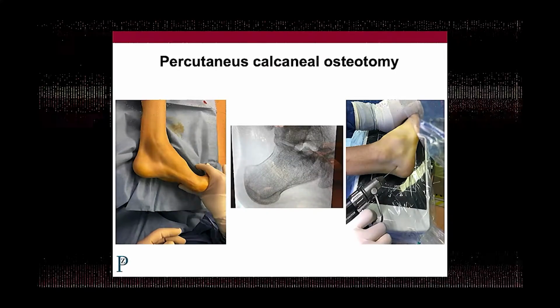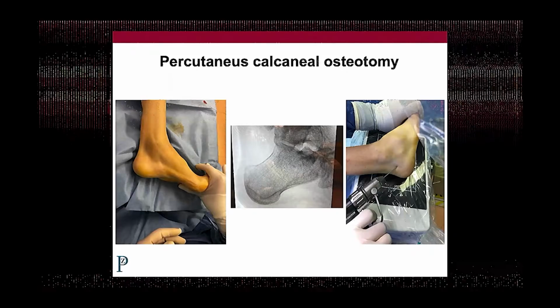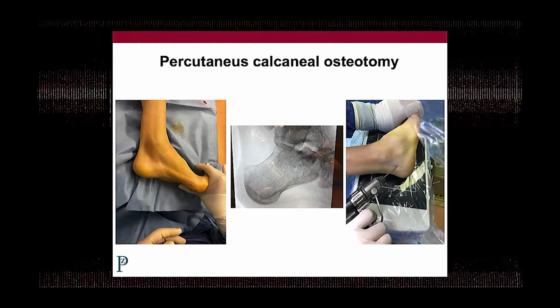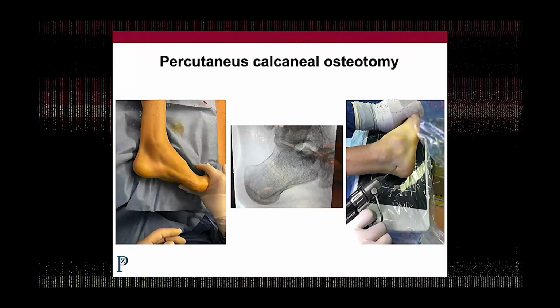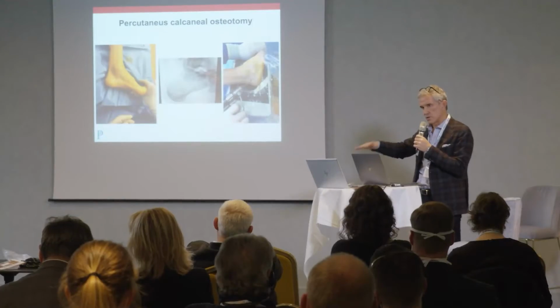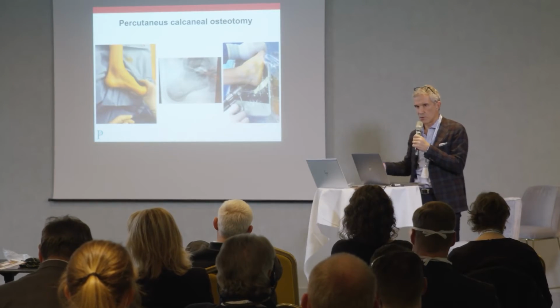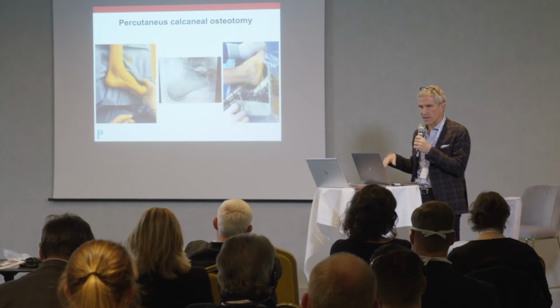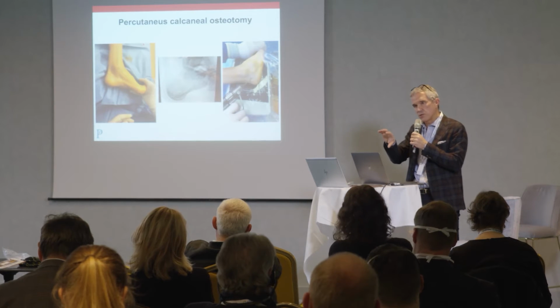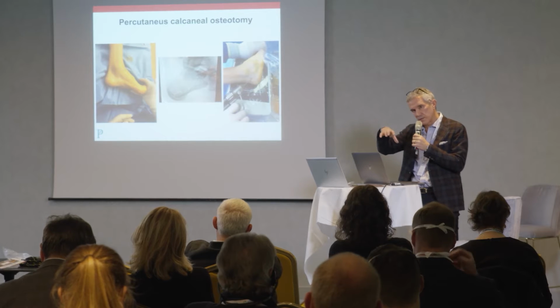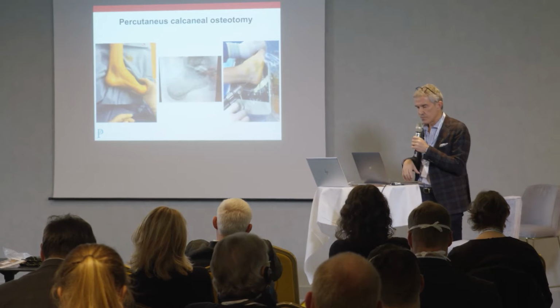I use a percutaneous osteotomy in the case in which you do not have to correct a bad position of the calcaneus. There are different types, like the Dwyer, which is an oblique osteotomy of the posterior part of the calcaneus, in which you correct the varus, the lateralization, and the rotation of the calcaneus.